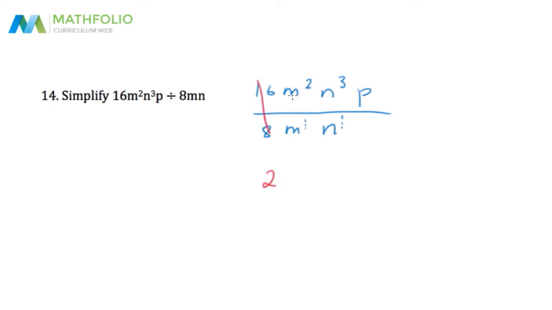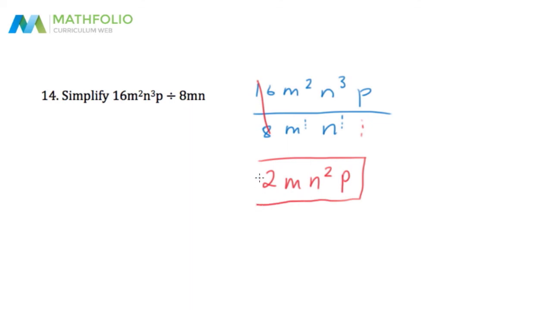I can do my m squared divided by m to the first, so this is now the division law, so I'm going to do 2 minus 1 for the exponent. This is going to be m to the invisible 1, so I'm just going to leave that. N cubed divided by n to the first is going to be n squared, and p divided by like 1, p divided by nothing really, it's just an invisible 1 there, is just going to keep my p.